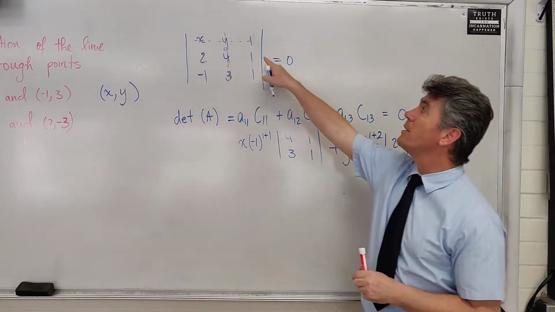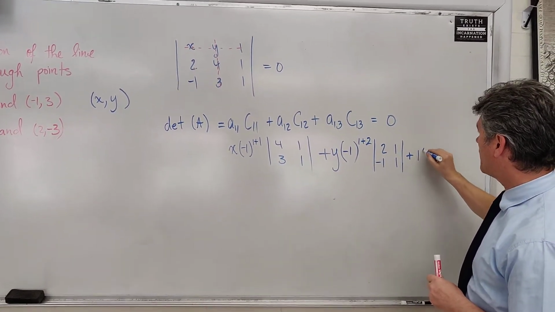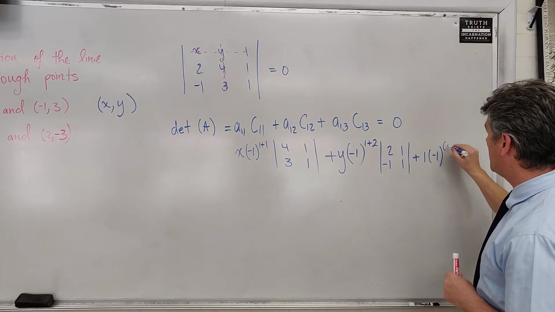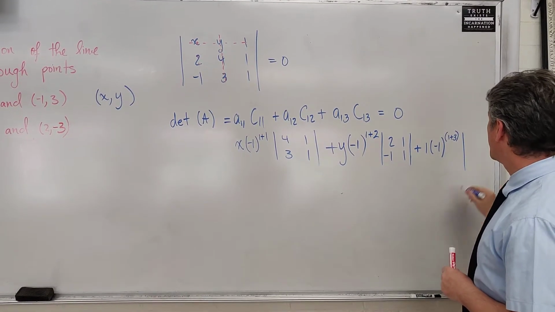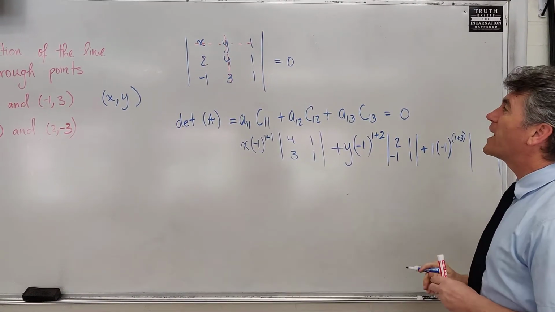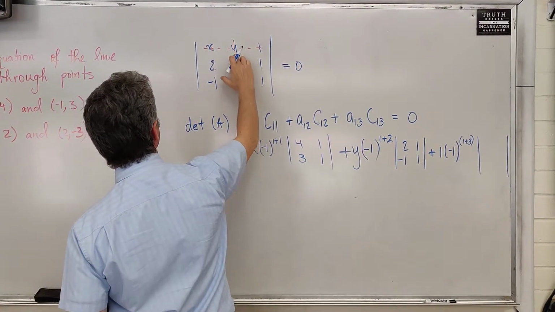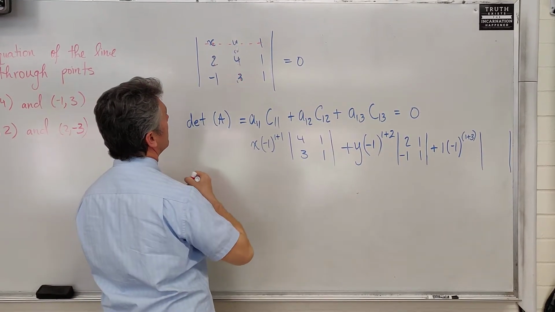Plus the entry in the first row, third column, 1 times -1 raised to the power of 1 plus 3 times the determinant of the matrix formed by eliminating the first row, and this time we're going to eliminate the third column. So let's do that.